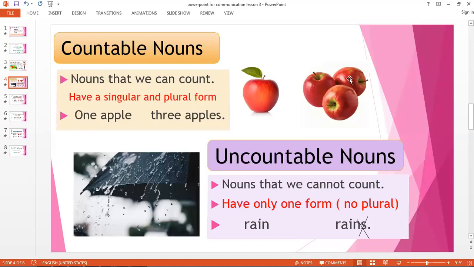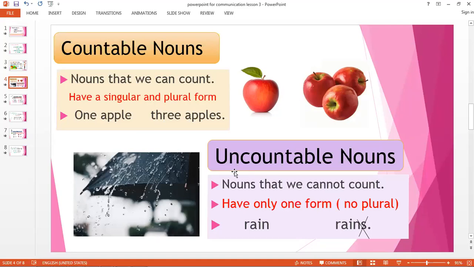But the other one, these are three, so you can say three apples. If you look back again, the difference between these two words is that the noun here is plural because it's more than one, and the noun here is singular because this is only one.